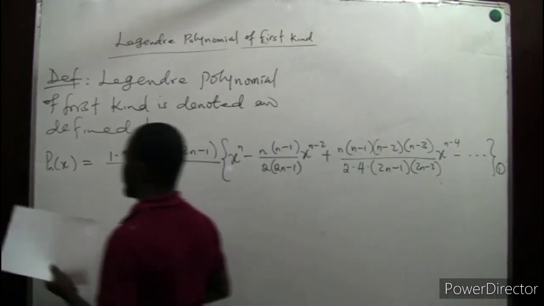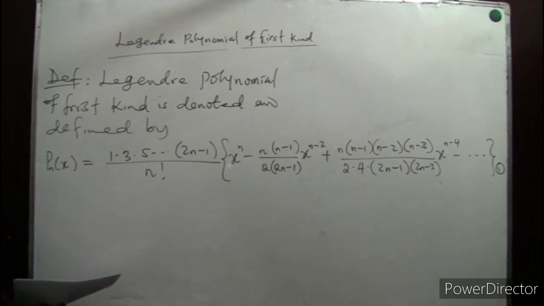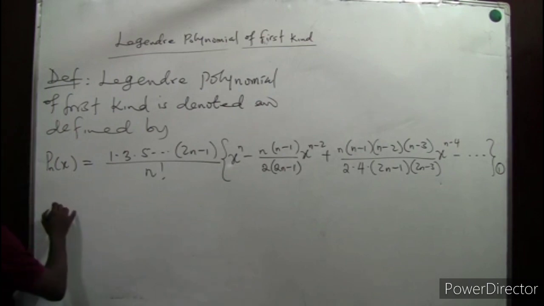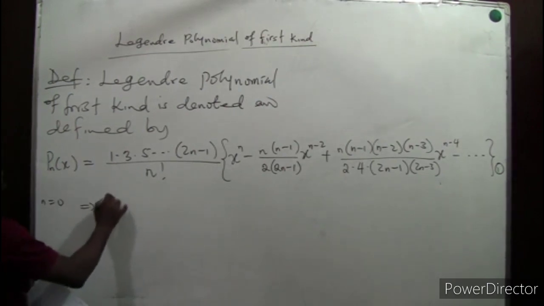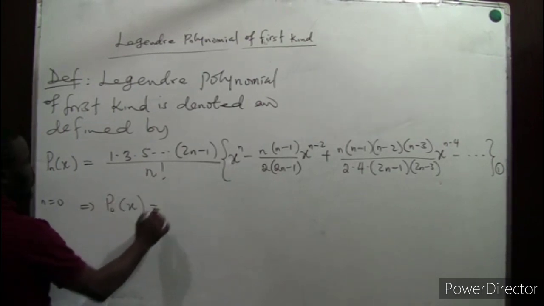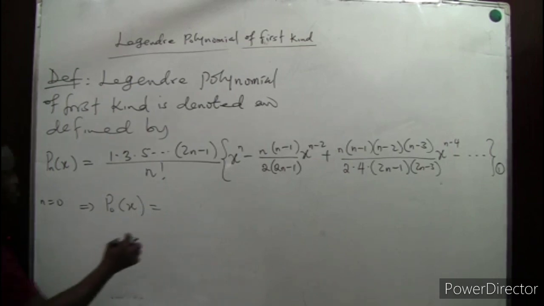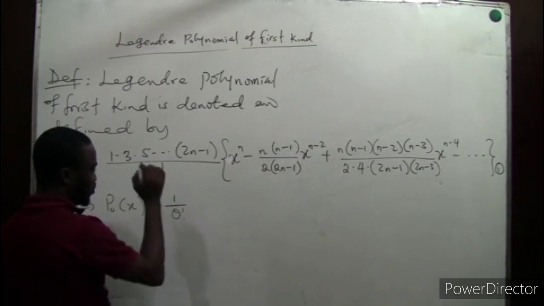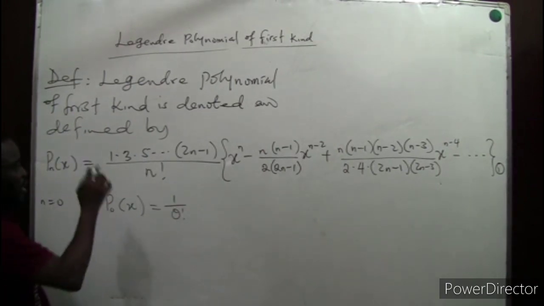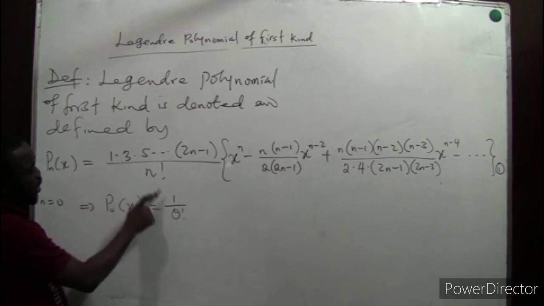From this equation, let us generate some Legendre polynomials. Let's start with the first one. When n equals 0, we have P naught of x, and what we are going to have here will be 1 divided by 0 factorial, because our n is 0. Now, do we consider this one as our numerator?